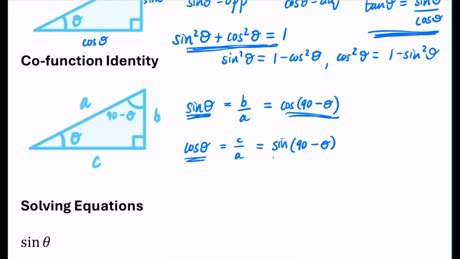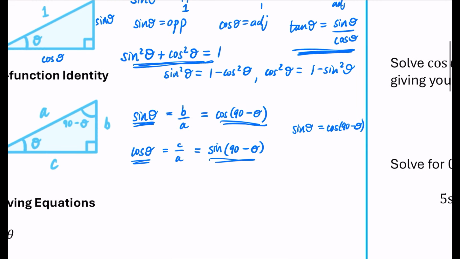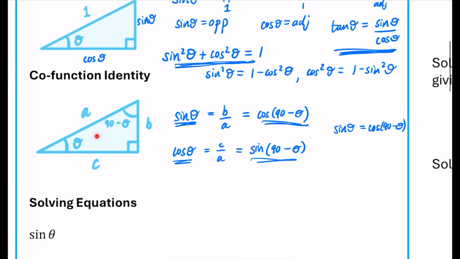Now, the reason this is called the cofunction, where we're saying that sine theta is the cos of 90 minus theta, is because this theta and this 90 minus theta are called complementary angles. Co for complementary. Complementary means they add up to 90.